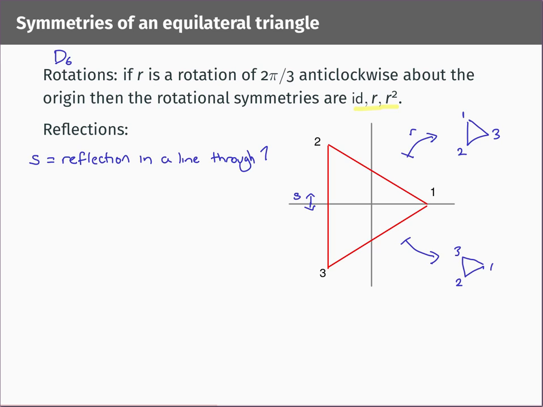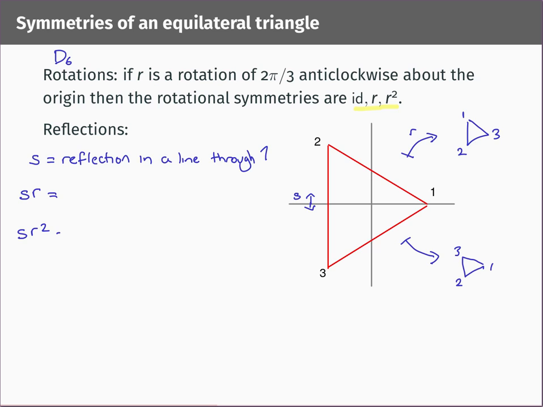So let's now think about some other reflections. There ought to be 3 reflections: a reflection in a line through the vertex 1 and the origin, in a line through the vertex 2 and the origin, and in a line through the vertex 3 and the origin. And I claim those are given by S, SR and SR squared.